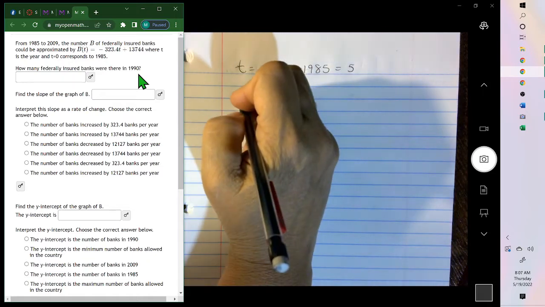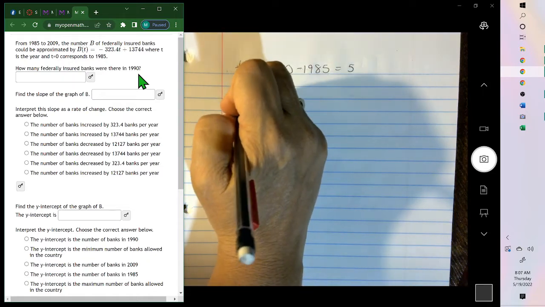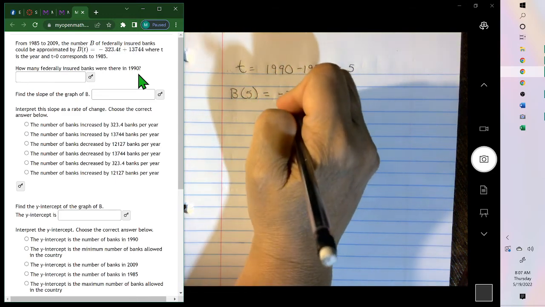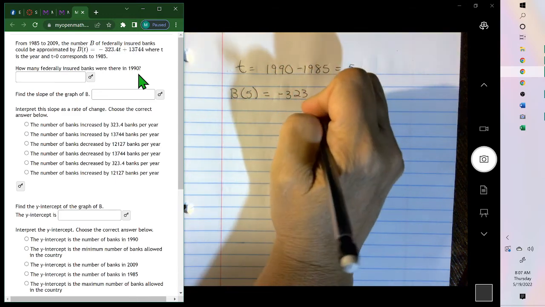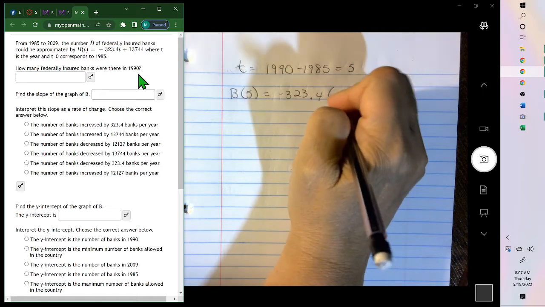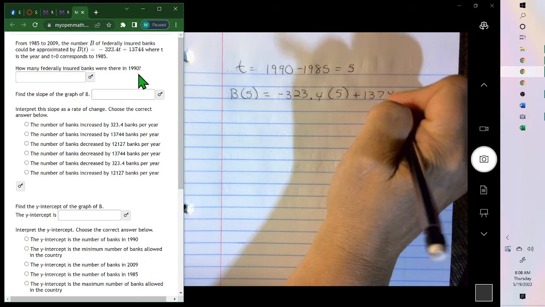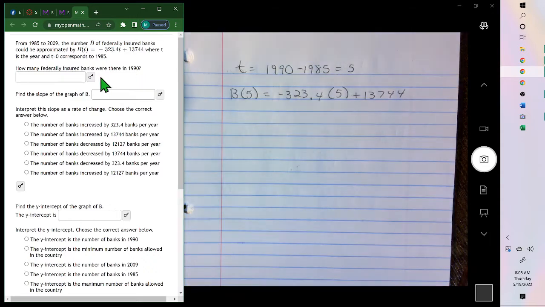So then you plug 5 into the equation for T. And you'll get 12,127 banks.